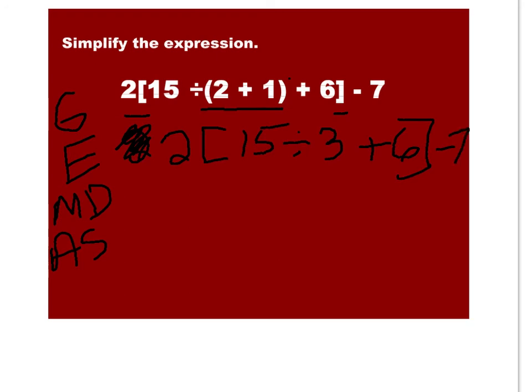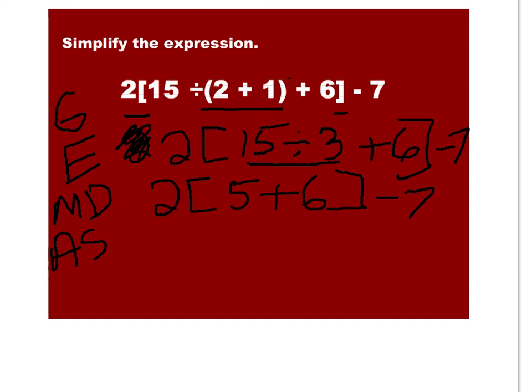Now I still have grouping symbols, I still have a bracket, so just like I said before, inside of grouping symbols, follow the order of operations. So I'm going to bring my 2 down, and I'm going to do 15 divided by 3 because division happens before adding or subtracting. So 15 divided by 3 is 5. And then I'll have my plus 6 and bring my bracket down, and then my minus 7.